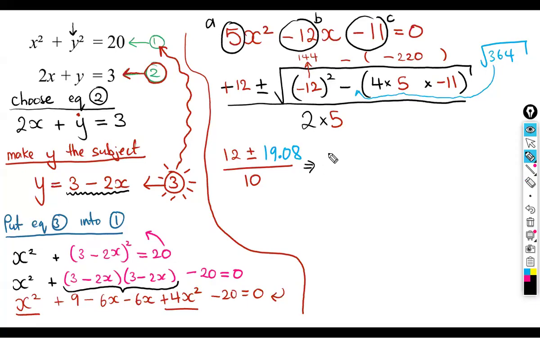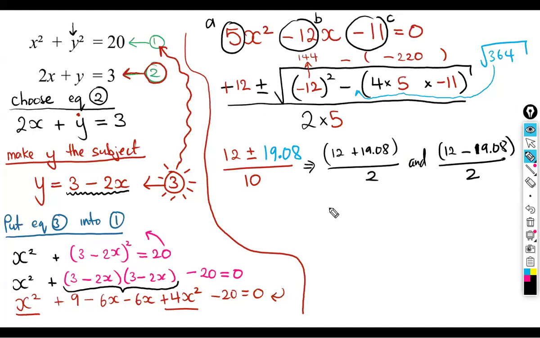Let's get our two answers now. 12 plus 19.08 in brackets divided by 2, and 12 minus 19.08 divided by 2. Remember, we're solving for x right now.